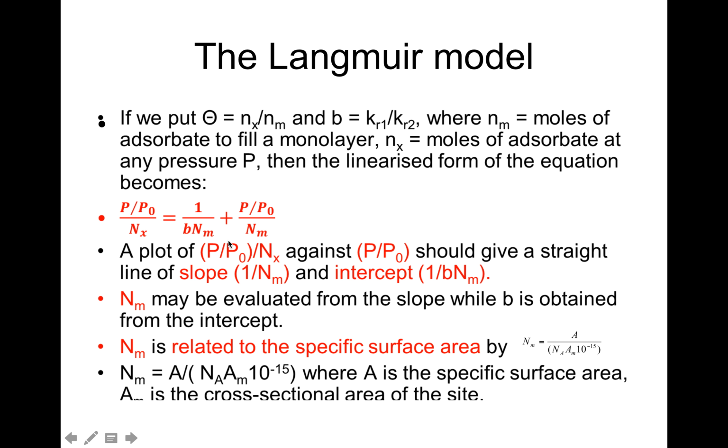Consequently, a plot of P over P naught over nx against P over P naught should give a straight line of slope 1 over nm and intercept 1 over b nm. Consequently, nm may be evaluated from the slope, while b is obtained from the intercept.